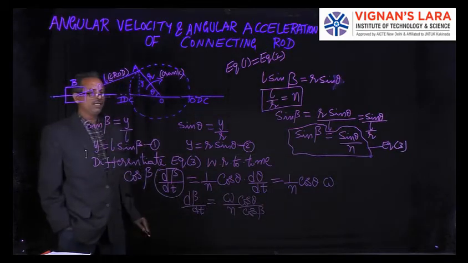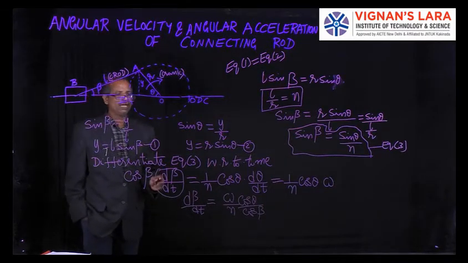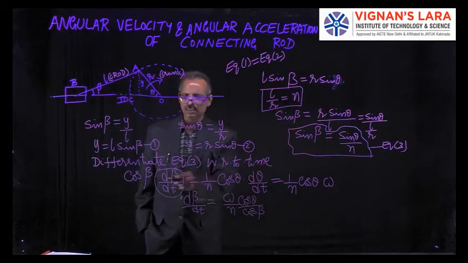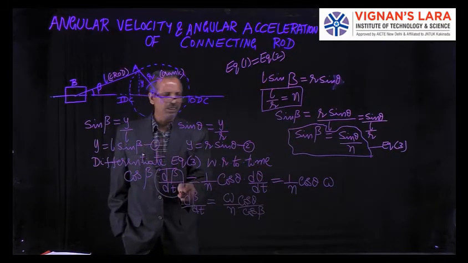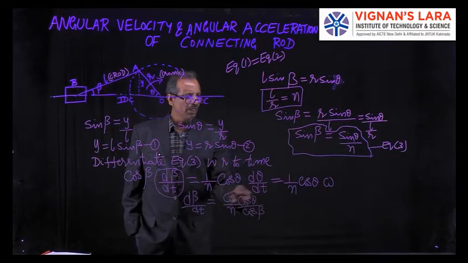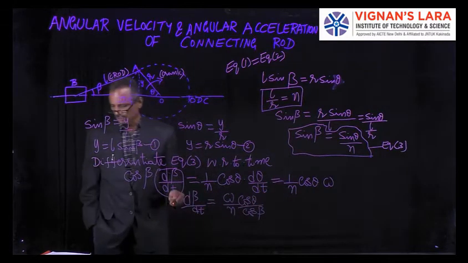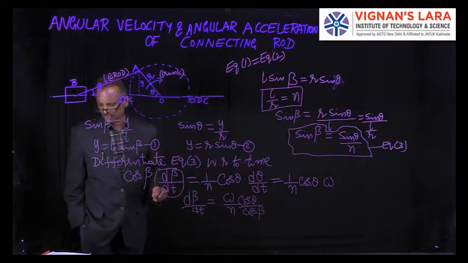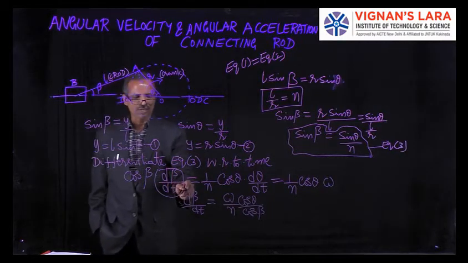So cos beta d beta by dt, here omega I have taken in front, and omega by n, then cos theta by cos beta. So this is one of the governing equations for us.